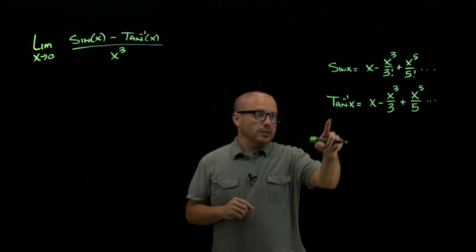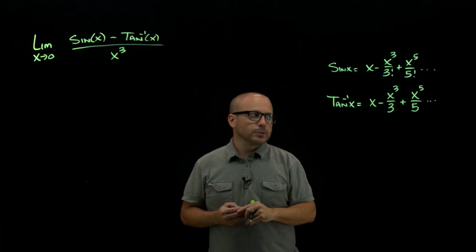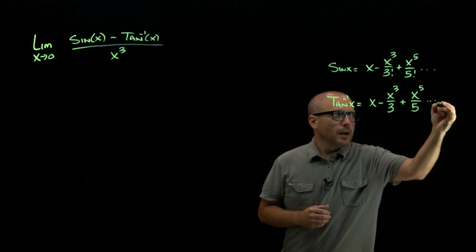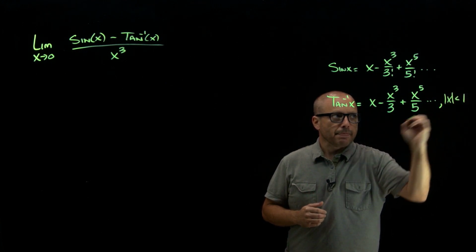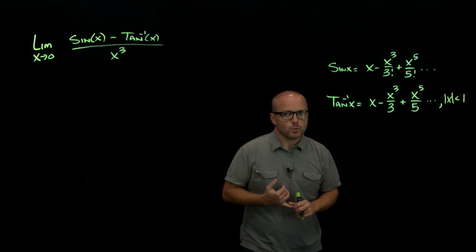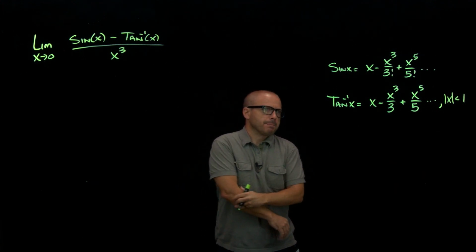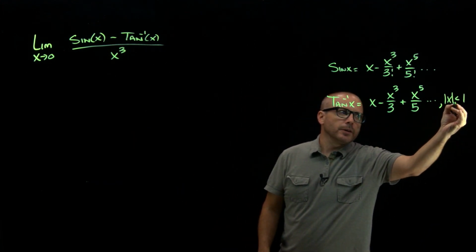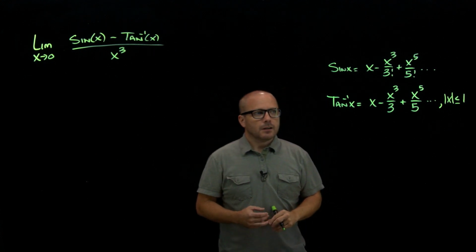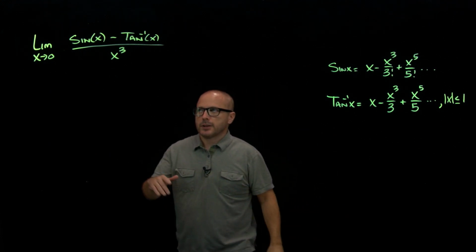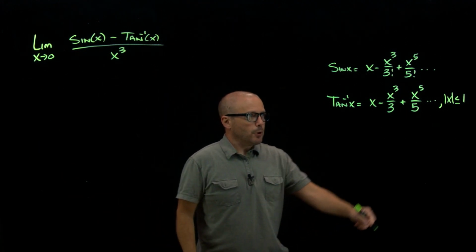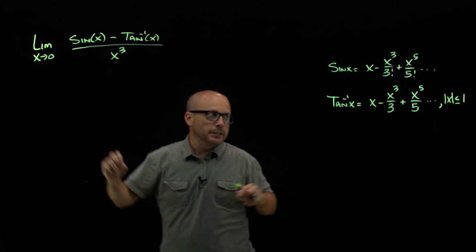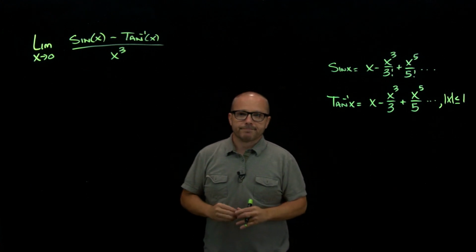Tan inverse is actually defined everywhere, but it's not equal to its Taylor series everywhere. If you look in that table, it's for all x less than 1 in absolute value. Actually, it's less than or equal, but that's neither here nor there. We are trying to head towards 0. So in the neighborhood around 0, where we're interested in, this is equal.